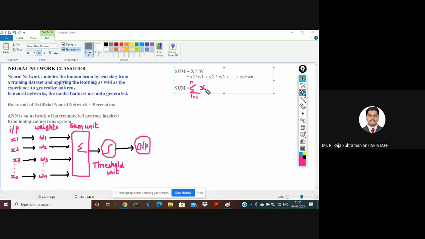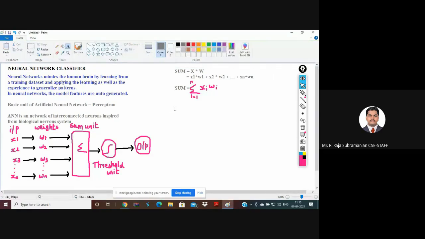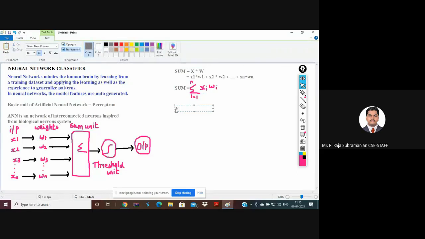And this summation unit will directly go to output when it is a machine learning task. But when coming to an artificial neural network task, this summation will get substituted over an activation function. So what will we actually have? I'll be having some output, say this is going to be my output.